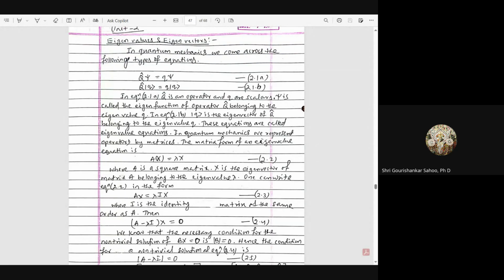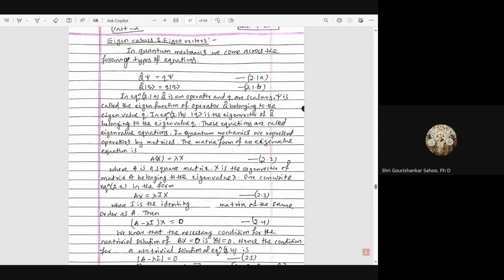When an operator is operated upon an eigenfunction, it will give the eigenvalue multiplied by that function. So here small q is the eigenvalue, and ket q is the eigenvector of Q cap belonging to the eigenvalue q. These equations are called eigenvalue equations. Q cap psi is equal to q psi is an eigenvalue equation.